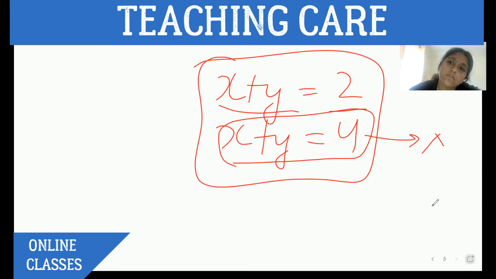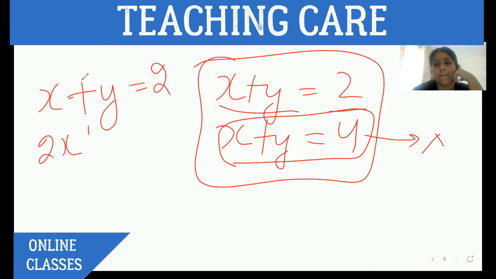Either addition and subtraction, addition and multiplication, or multiplication and subtraction. Any combination will work. Or it can be the same operation but in a different way, like 2x plus y gives me 4. This can also work. Clear?